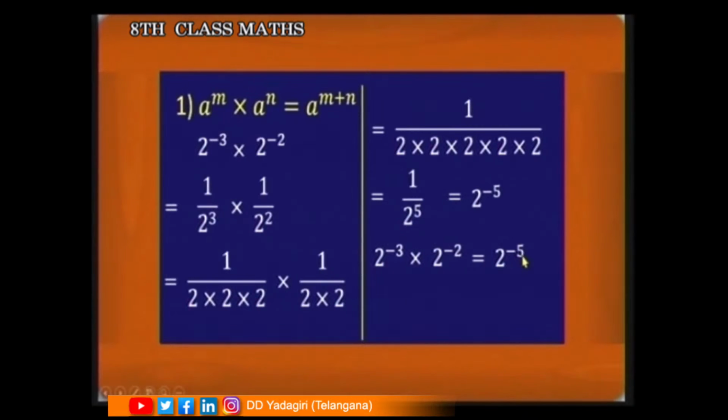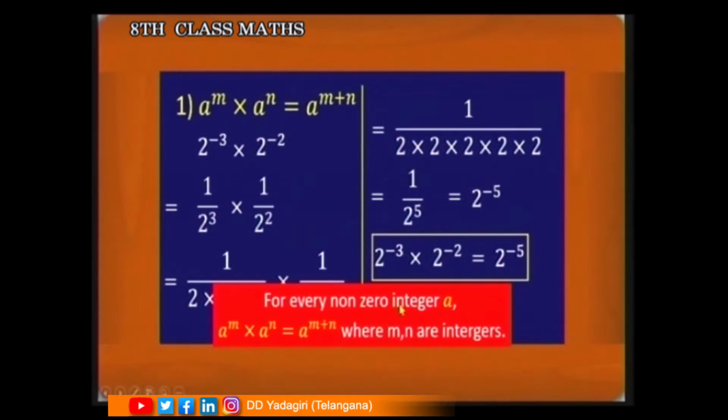And you know already that this minus 5 is nothing but the sum of minus 3 and minus 2. Thus, this exactly resembles the given formula. Thus, we can say that for every non-zero integer a, a power m into a power n is always equal to a to the power of m plus n, where m and n are any integers.